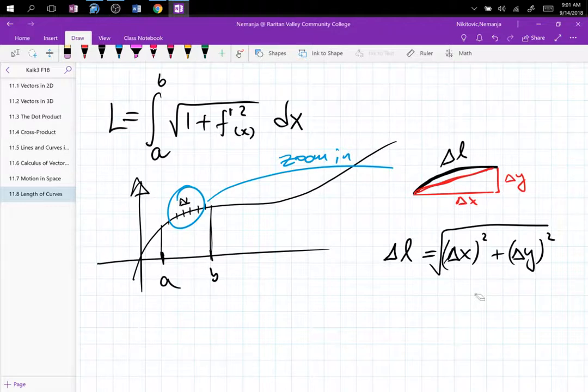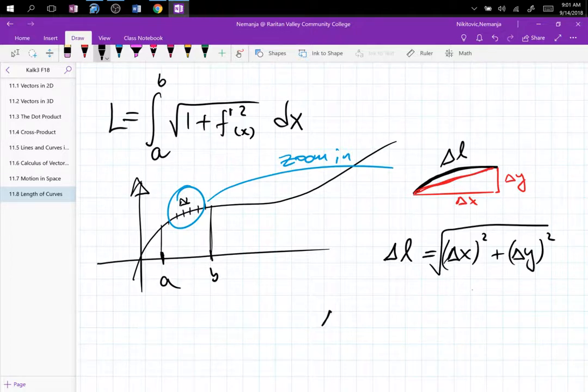What I want to do is I want to have a lot of these, right? So I can multiply this by delta x over delta x.